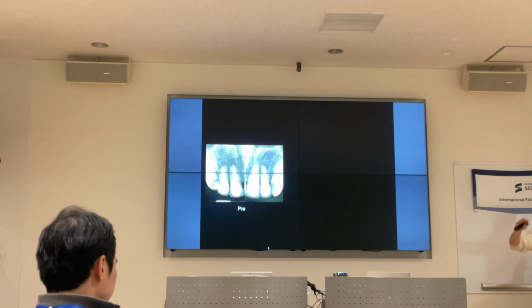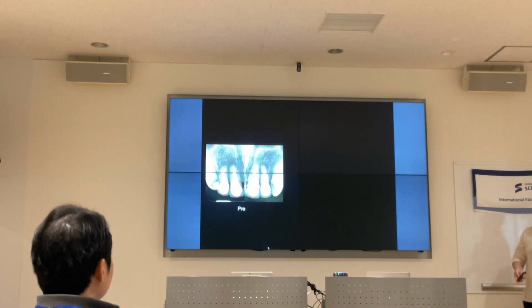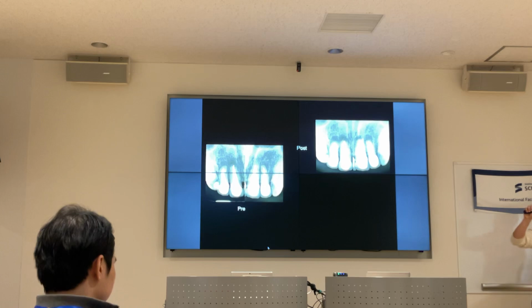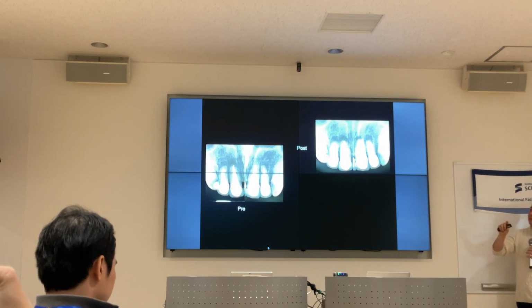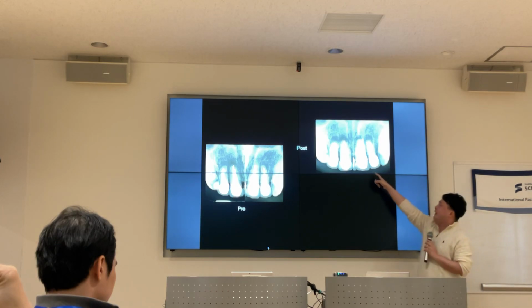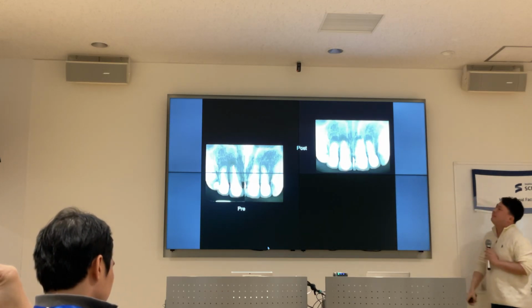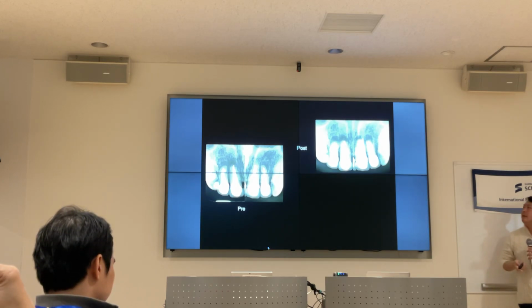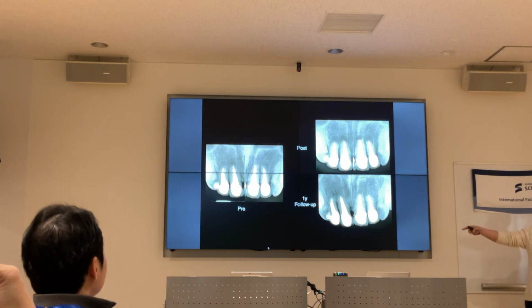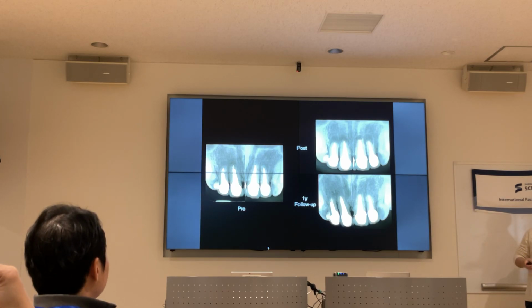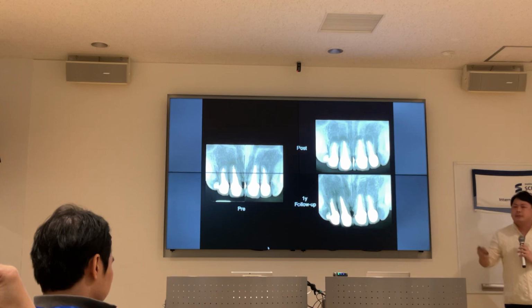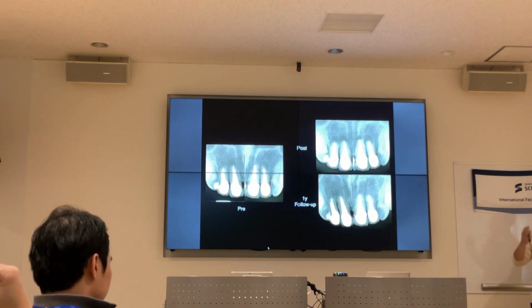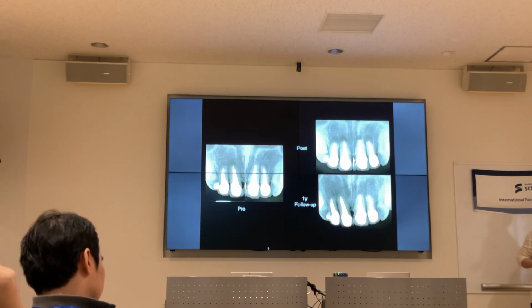In such a case, I just polish the apical area, then keep the MTA filling thickness as much as possible. But in this tooth, maybe the MTA cement thickness is only 1 millimeter. I think this tooth has a poor prognosis. But after 1 year, the apical radiolucency is decreasing. So in such a case, we have to think about the 3 mm rule. 3 mm MTA thickness is more important than root resection.